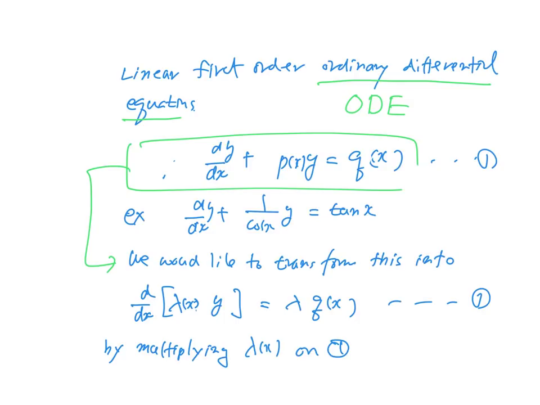I make the coefficient of the highest order 1. Then the example is still very difficult to solve, right? So the idea is we multiply equation 1 by some function lambda(x) and then make it look like equation 1.